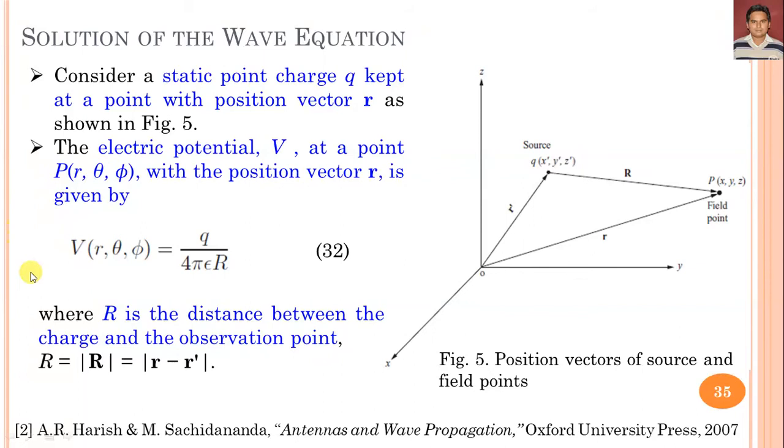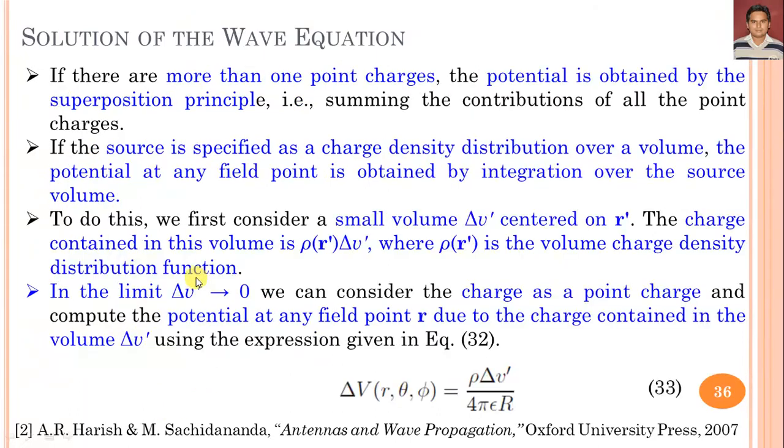This is the generalized expression that we discussed during the electrostatic field, where r is the distance between the charge, or source, and the observation point, the field point. So r is the magnitude of r minus r dash. From figure 5 we have calculated the value of r, and we can calculate the value of V.